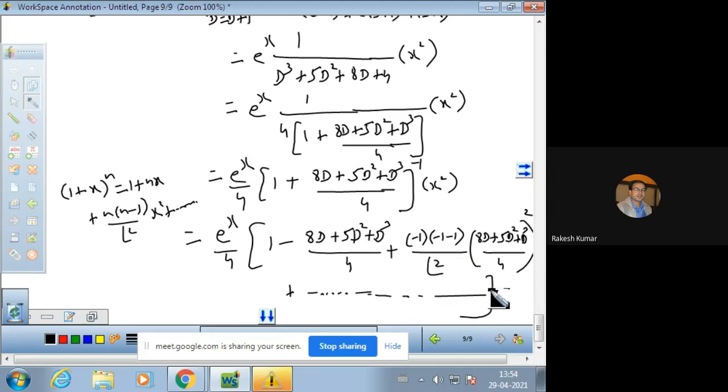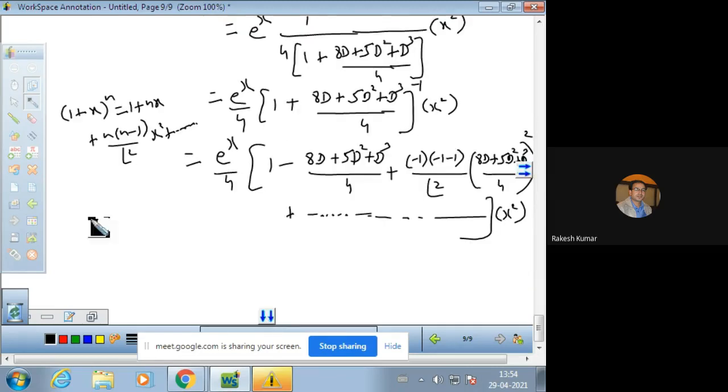So close the square bracket here, and the outer term is x square. Now e raised to power x upon 4.